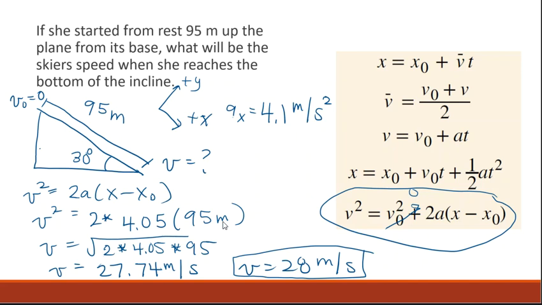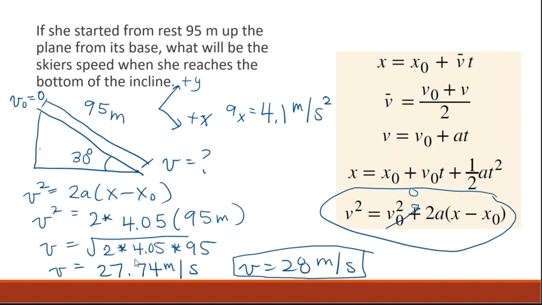Again, emphasizing distance and the direction of acceleration must be the same direction, the same axis, right? This is on the x-axis. Acceleration is also on the x-axis, the shifted x-axis. Okay, so v equals the square root of 2 times 4.05 times 95.